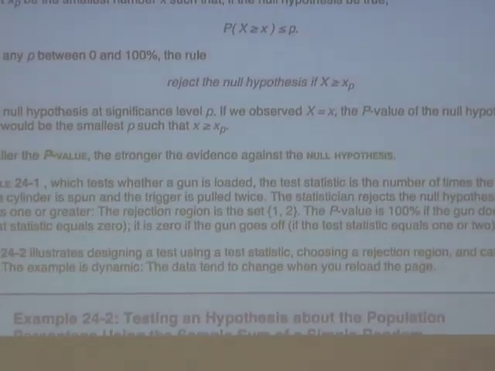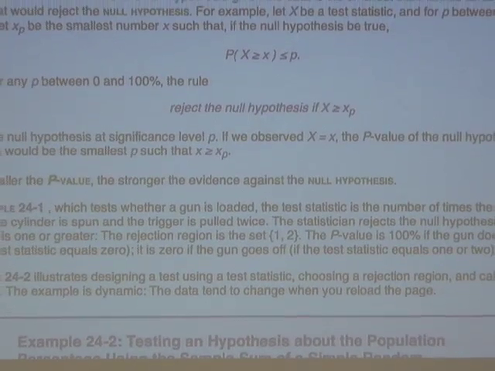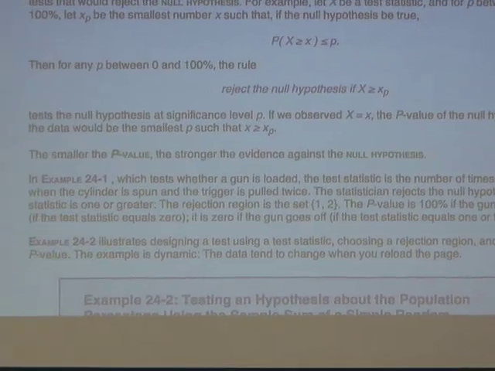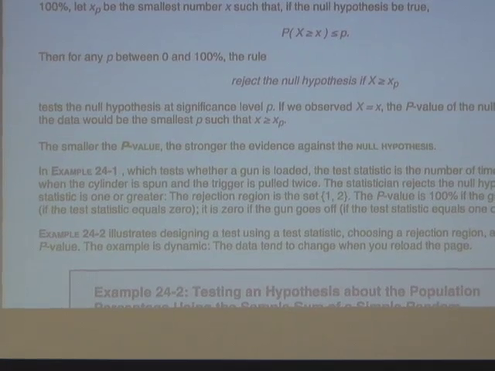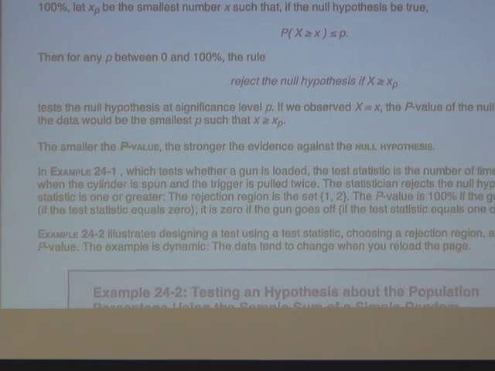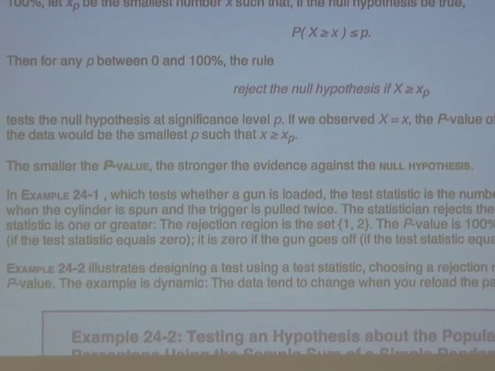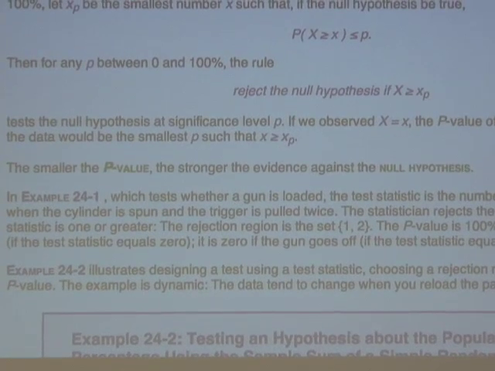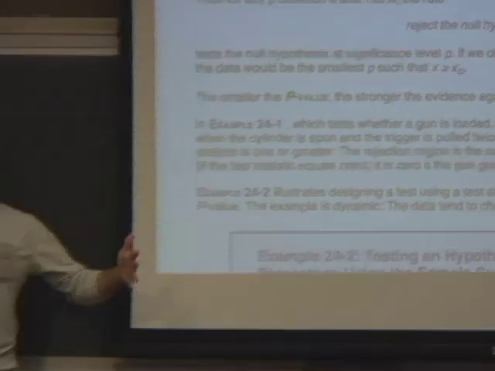Okay? This idea of a p-value, by the way, is the basis of the election auditing stuff that I was telling you guys about. So basically, the idea is you collect data. The null hypothesis is that the outcome of the contest is wrong, and you're looking for data to disprove that hypothesis. So you keep collecting data until there's very strong evidence that the outcome of the election must be correct.